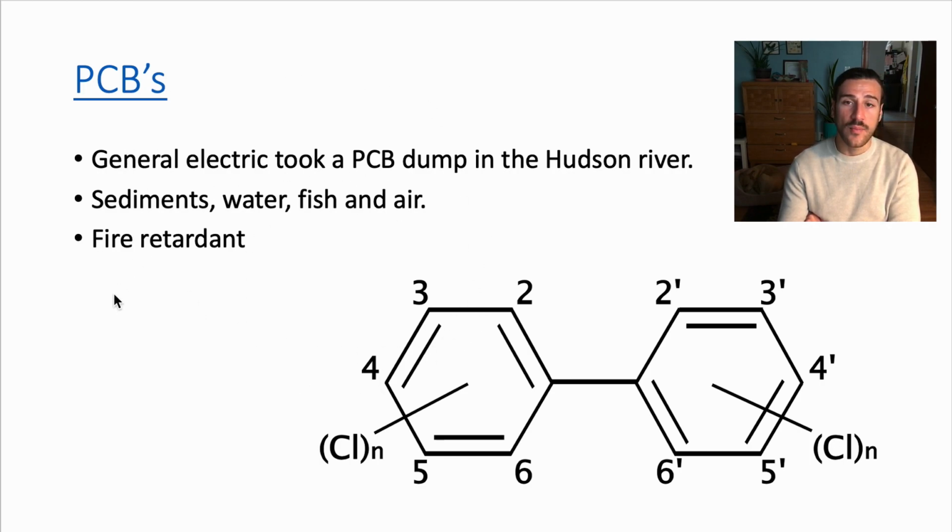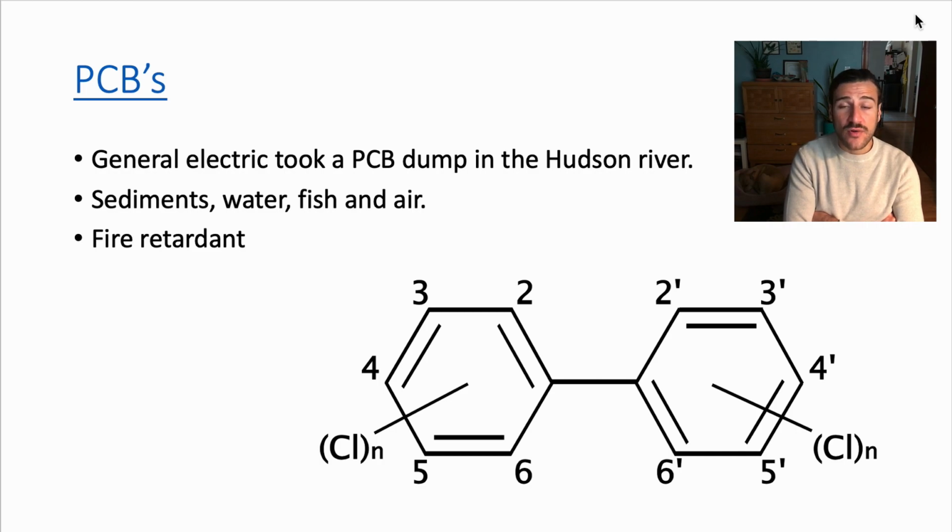Another chemical that I want you to watch this video, it's on PCBs. Basically, General Electric took a PCB dump in the Hudson River, and this impacted the sediments, the water, fish, and air.